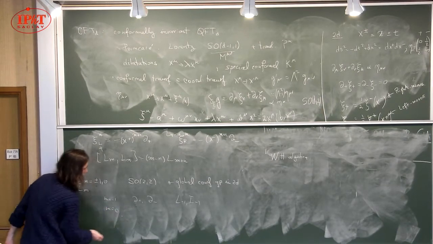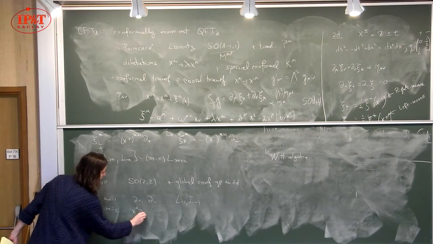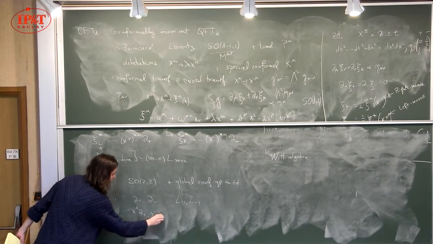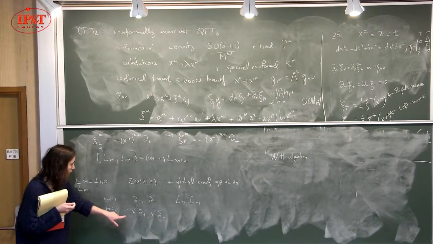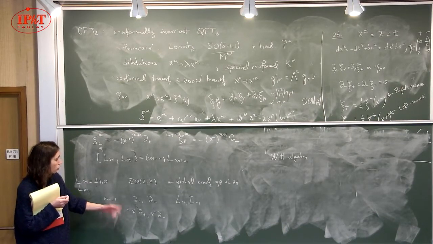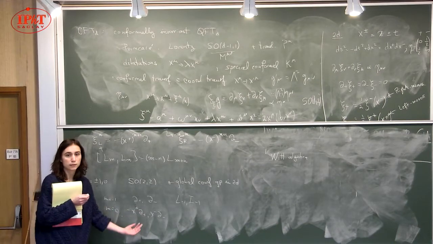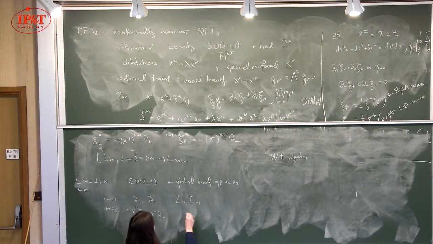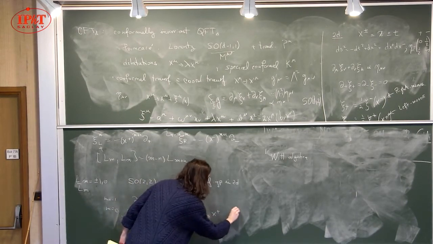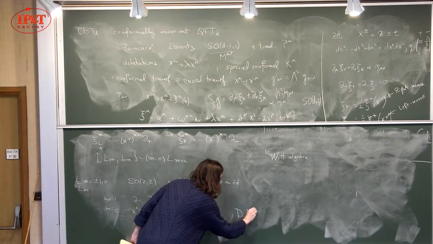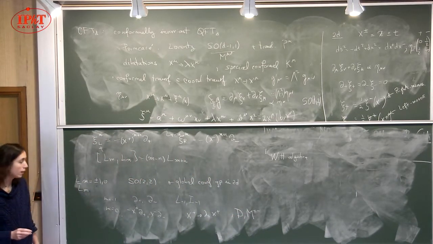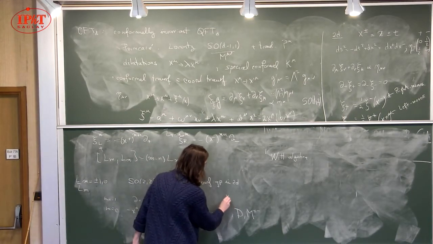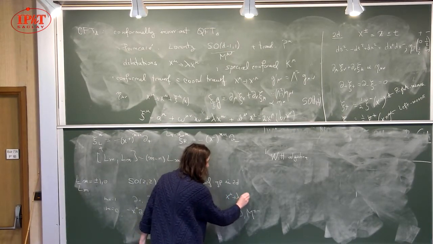For n equal to 0, you get x plus del plus, and x minus del minus. So this is sending x plus to something times x plus, and x minus to something times x minus. And what these guys are, okay, so x plus going to, say, lambda 1 x plus, this is actually a combination of dilatations and Lorentz. Why? Dilatations just act on both coordinates, and x mu goes to lambda x mu.